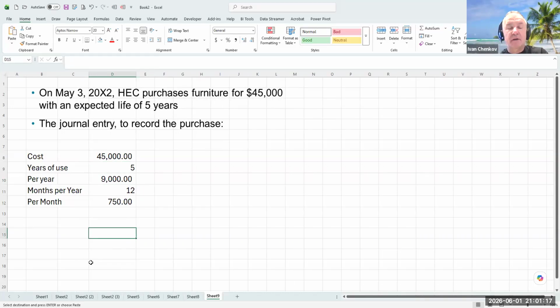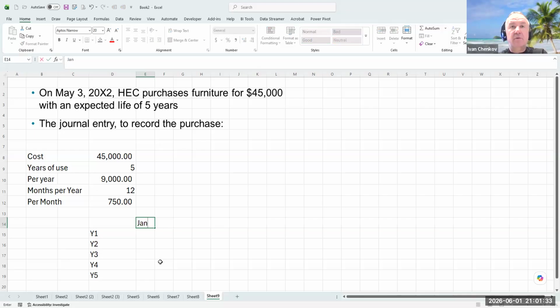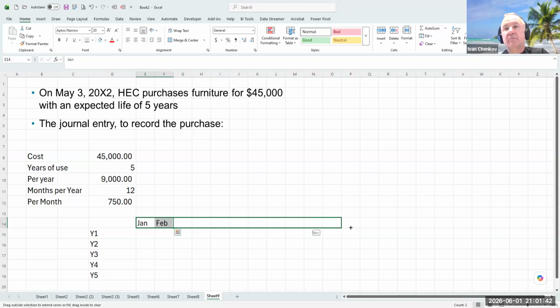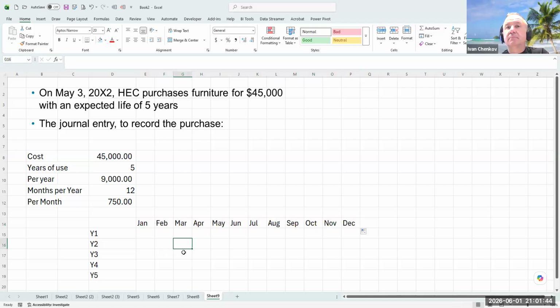So we're going to have year one, year two, and all the way to year 5. And then we're going to have January, February, and all the way to December. That's our 12 months.